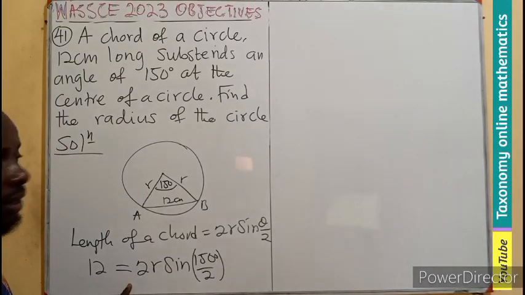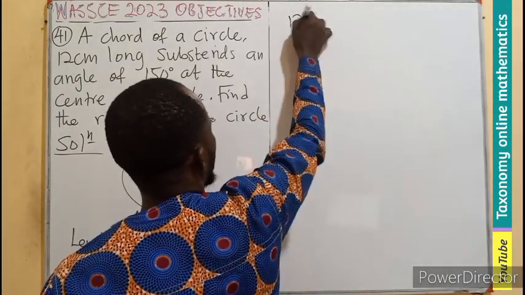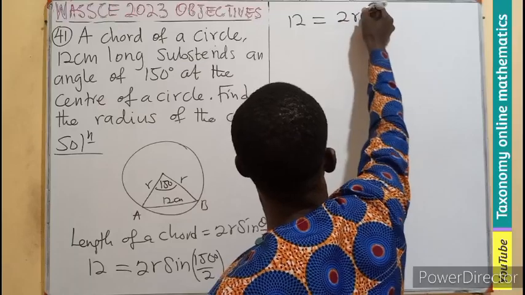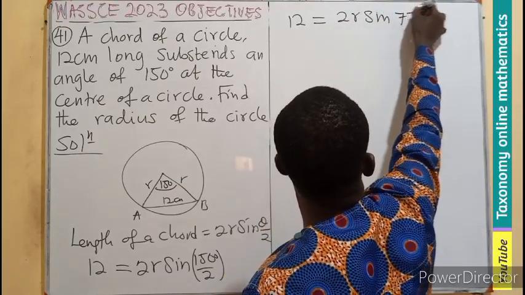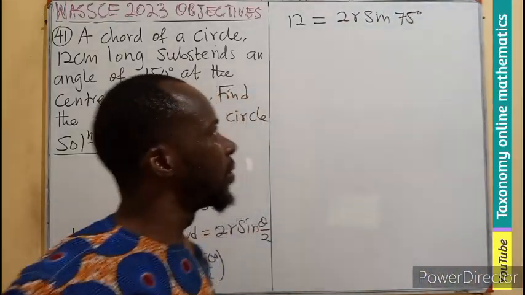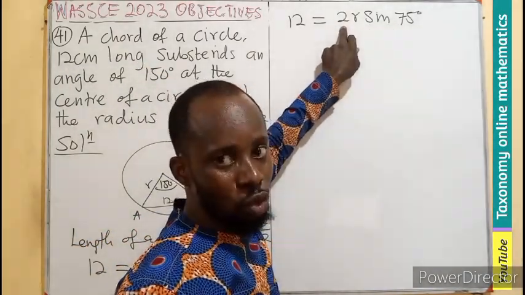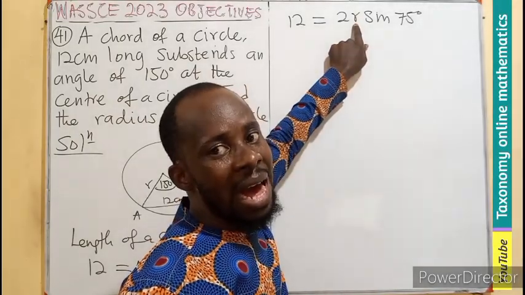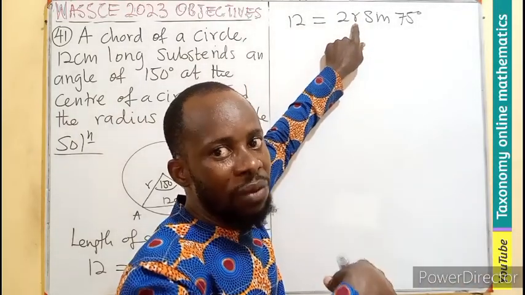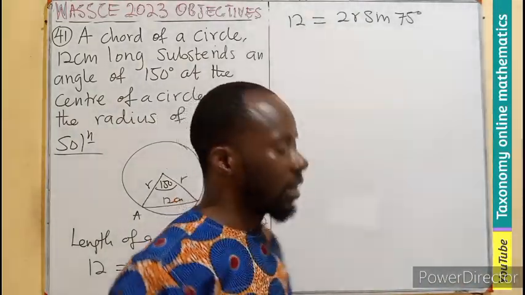So right from here, we have 12 equals 2R sine 75 degrees. Knowing the value of sine 75 multiplied by 2, that number becomes the coefficient of R, which will divide that number.